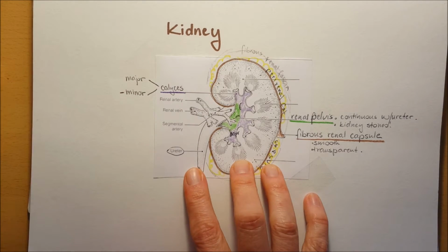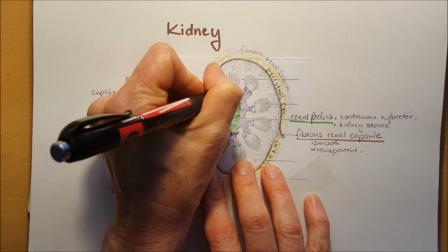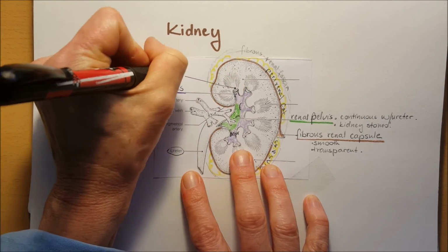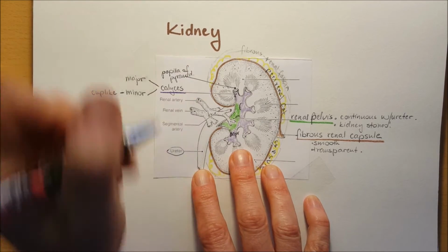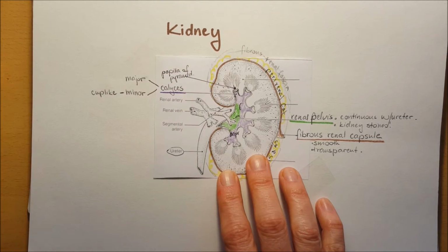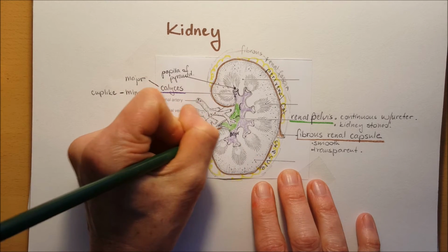And the minors are cup-like structures, extensions of the major calyces, and they enclose that structure that is called the papilla of the pyramids. The papilla of the pyramid sits into the calyx. Calyx means cup.